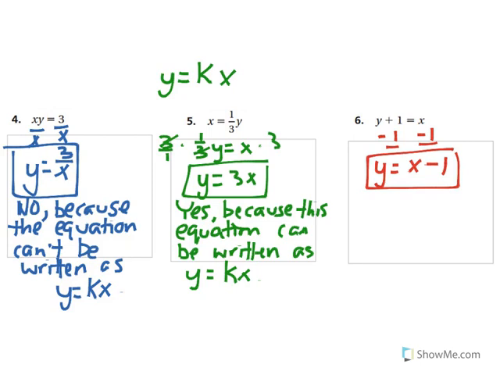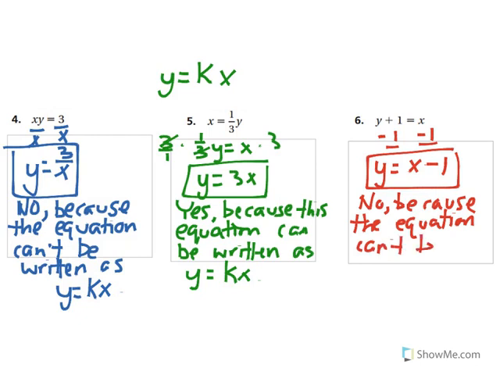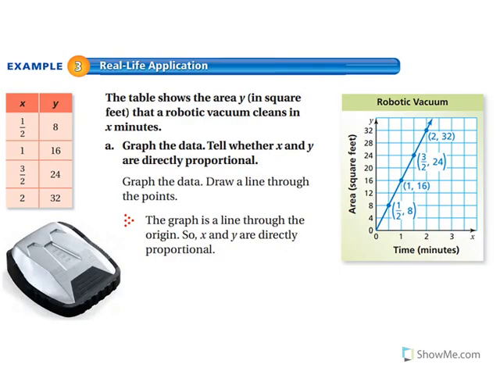It's as simplified as I can get that, so no, because the equation can't be written as y equals kx. So let's go ahead and move on to our next part here.